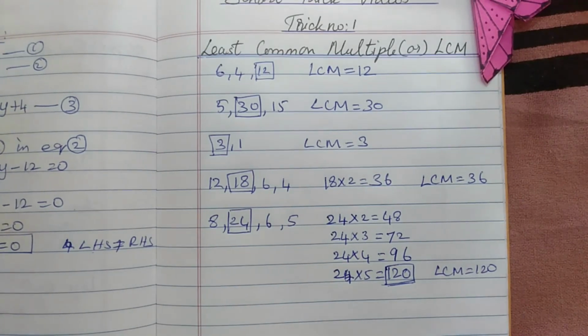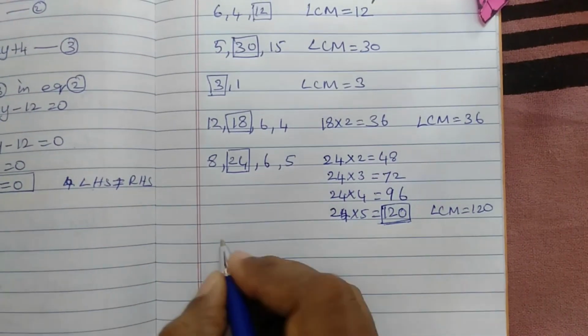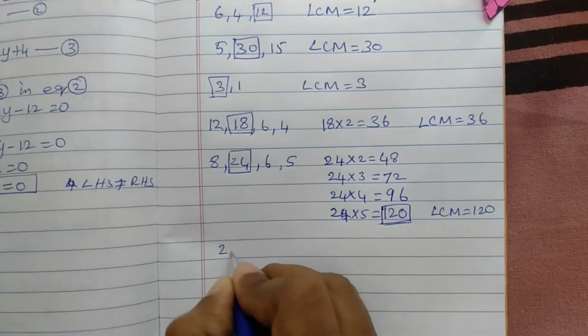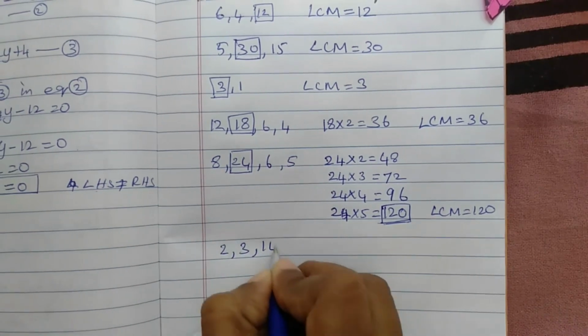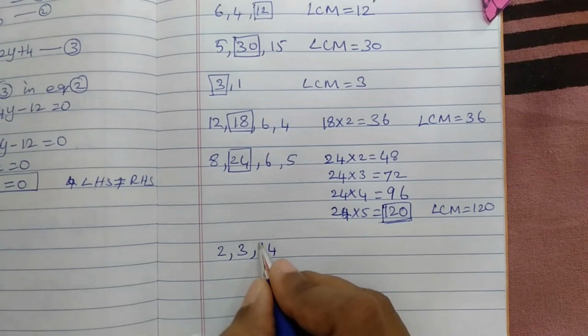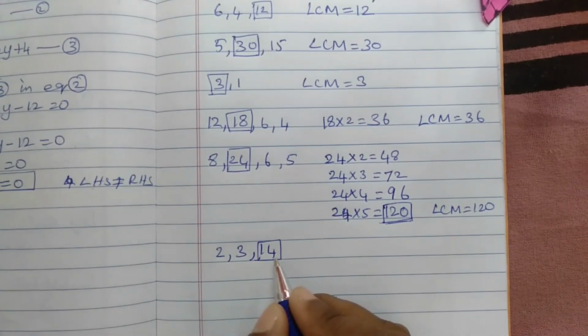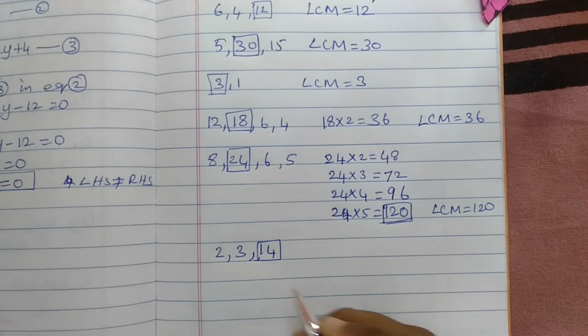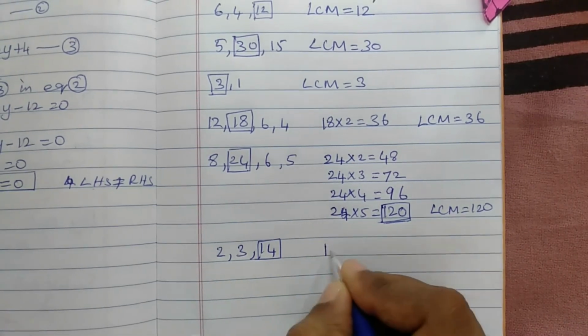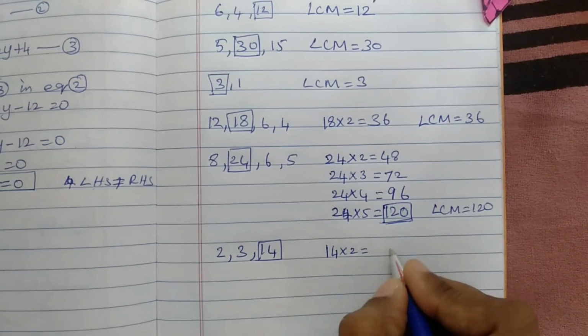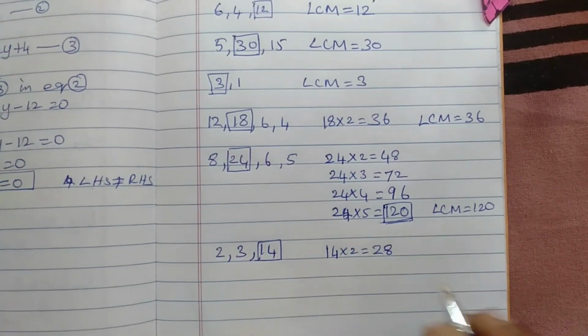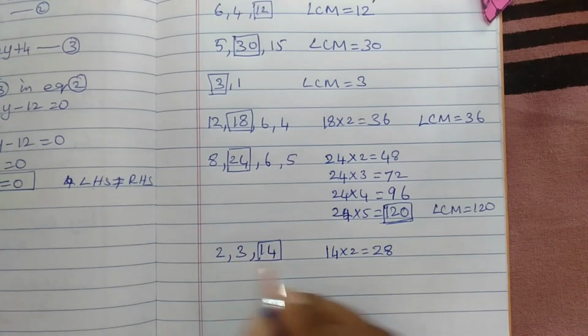Okay, now shall we try one more example? We have 2, 3, 14. Now 14 is the greater number here. 2 can divide 14, 2 7s are 14, but 3 will not divide 14. So what you need to do? Our next step is to multiply 14 into 2: 4 2s are 8, 1 2s are 2, so 28. 28 cannot be divided by 3.